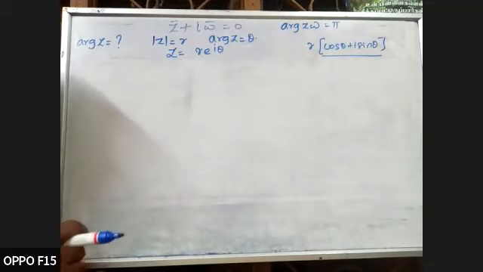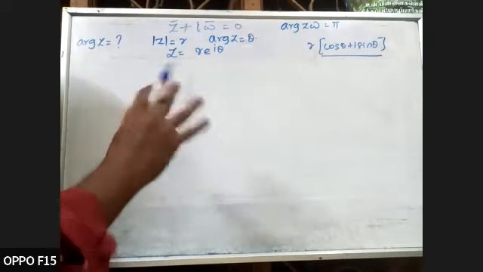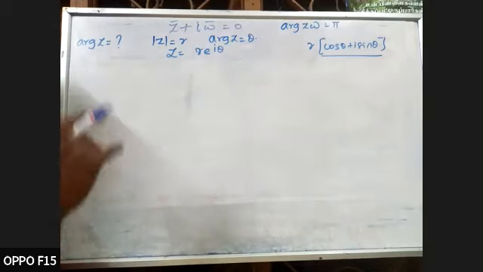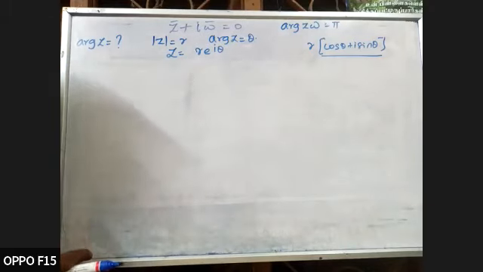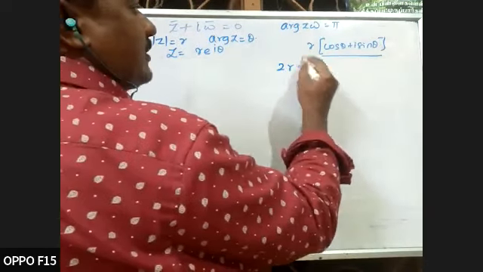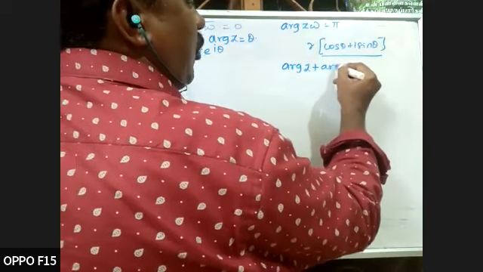Now you have to listen carefully because this is somewhat different from the last problem. Here they have given two conditions. One is argument of Z omega equals pi. I can write argument of Z omega as argument of Z plus argument of omega.